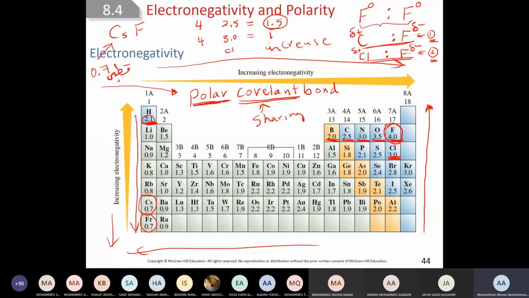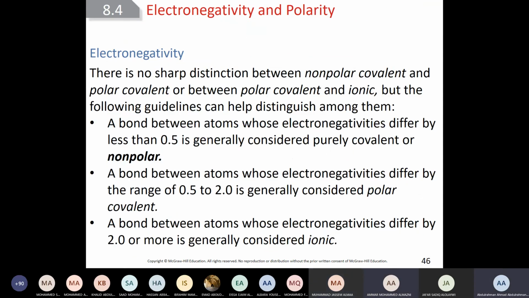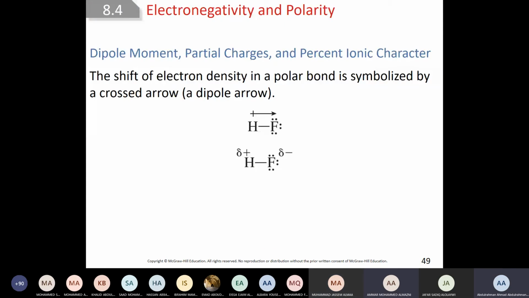Is this polar bond or ionic? Sorry, I told you only CS. It's ionic, very good.